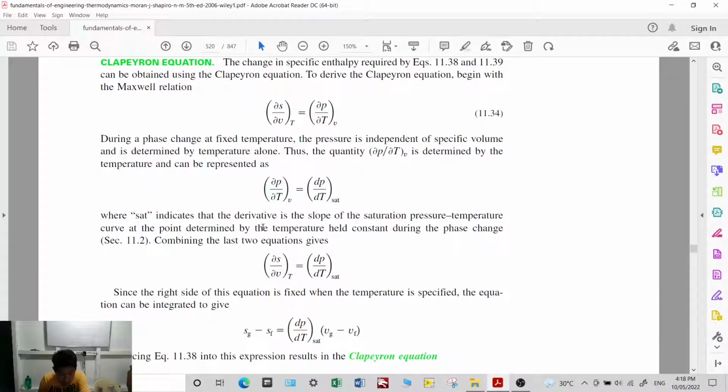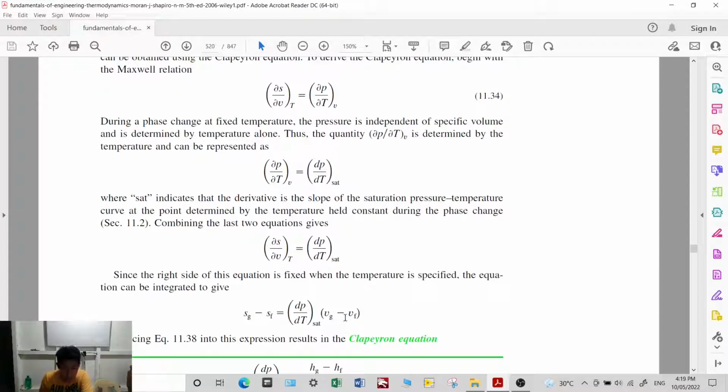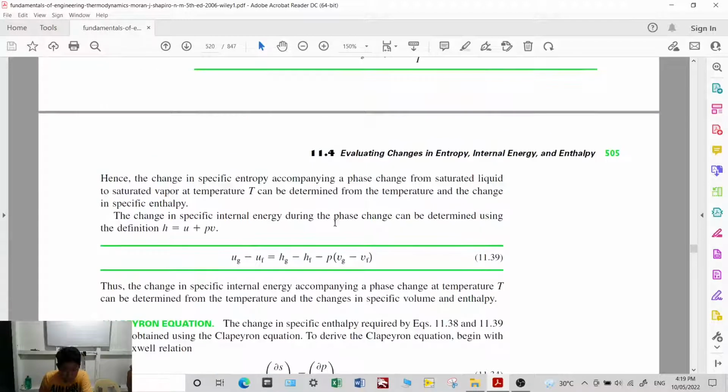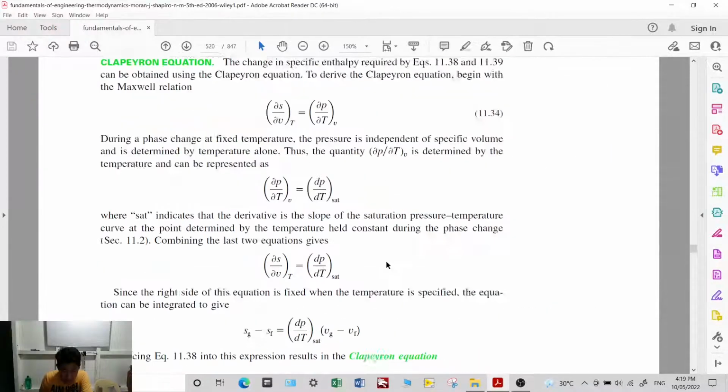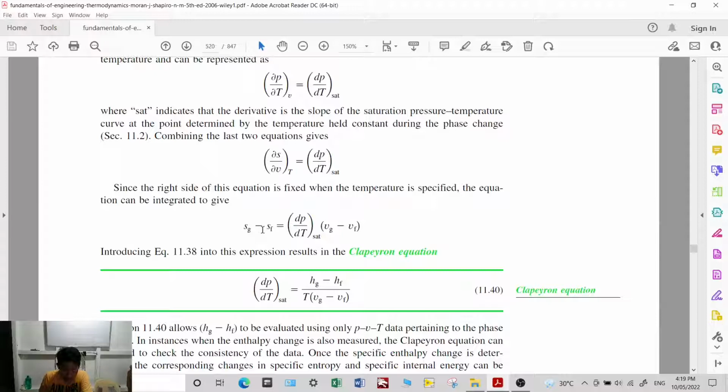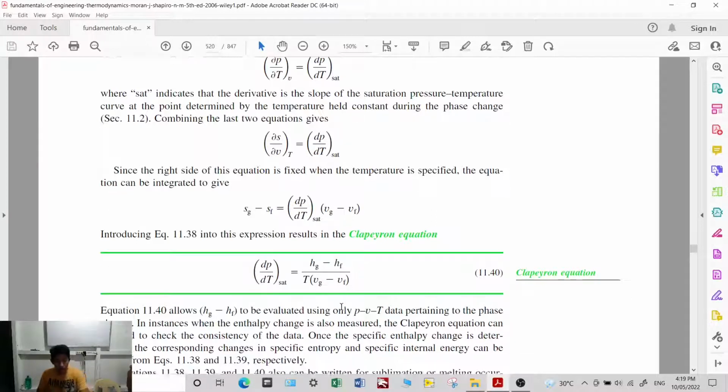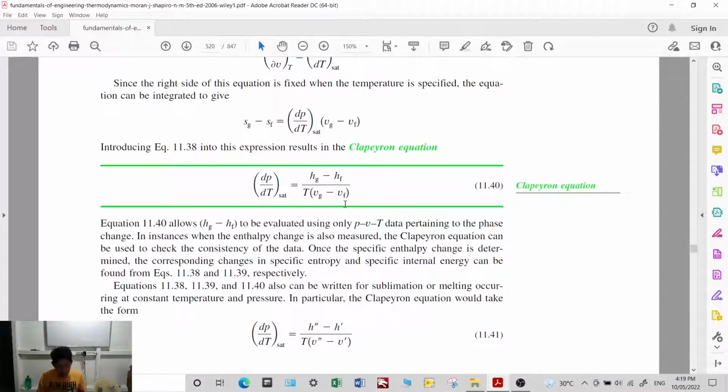So evaluating this, it becomes Sg minus Sf equals dP over dT times Vg minus Vf. And putting this equation here, we get that the change in enthalpy is just dP over dT at saturation times temperature times Vg minus Vf. Okay, pressure, temperature, and specific volume are easier to get experimentally.